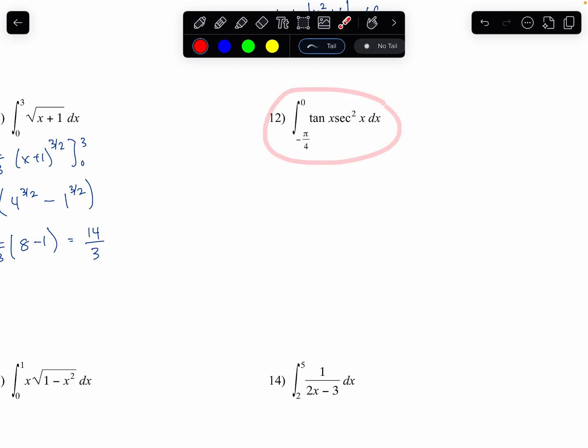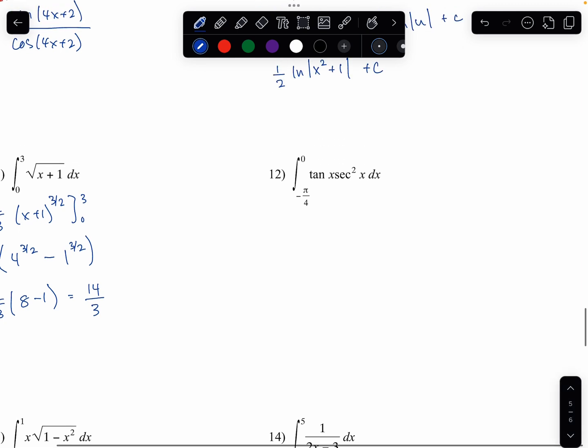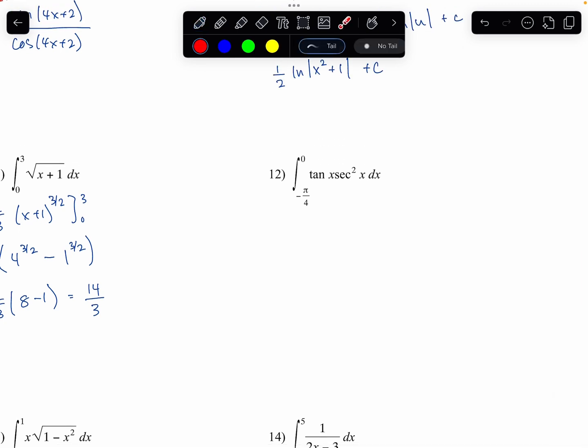Moving on here, now I see that I do have two parts. There is a product. I'm probably going to use the u substitution method here, and I'm also probably going to replace my boundaries. So which of these, if I take the derivative of, equals the other? I know the derivative of tangent of x is secant squared.